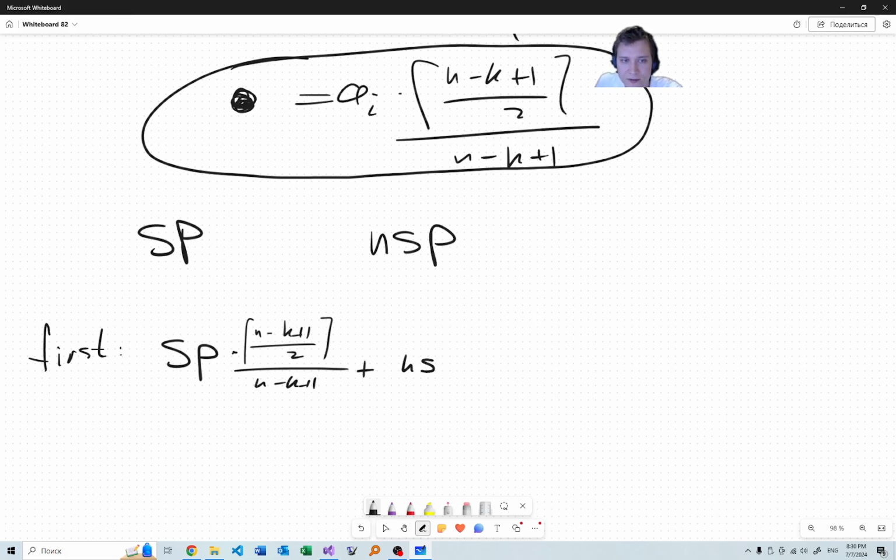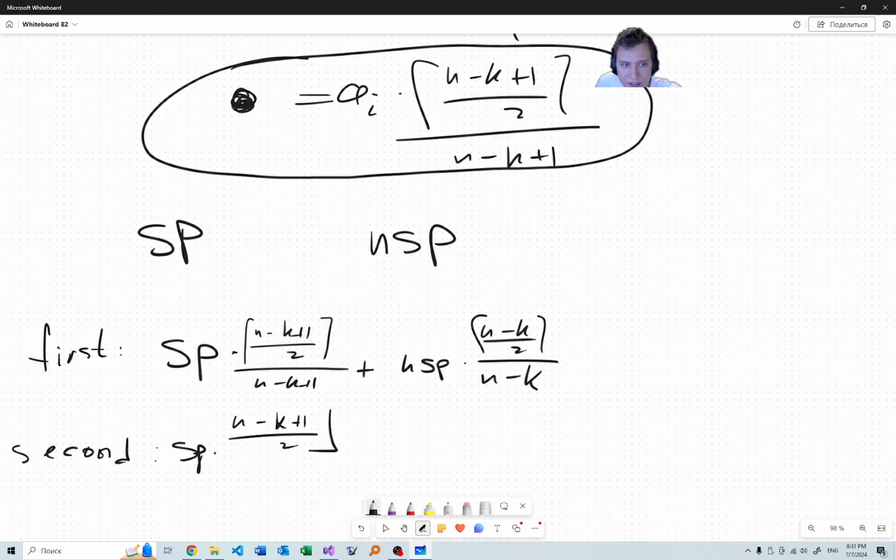Not special elements are multiplied by n minus k over 2 ceiling divided by n minus k. For the second player, the same thing, but floor instead of ceiling. So special elements are multiplied by n minus k plus 1 over 2 floor divided by n minus k plus 1, plus NSP times n minus k over 2 floor divided by n minus k.